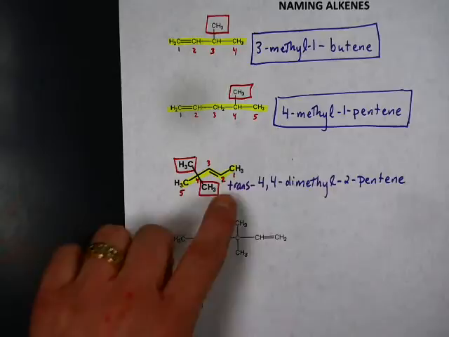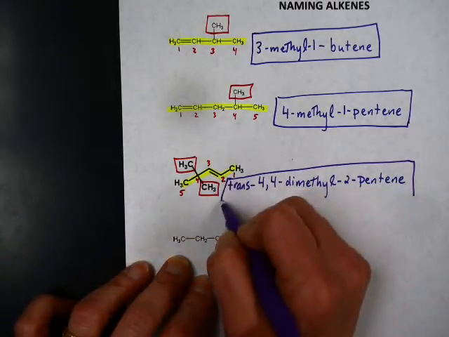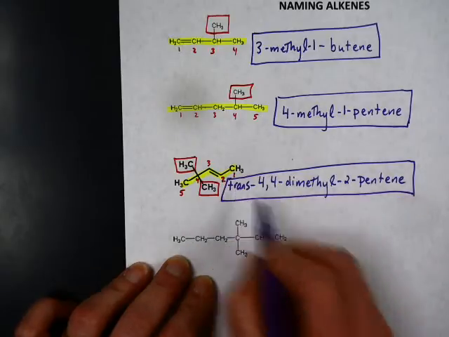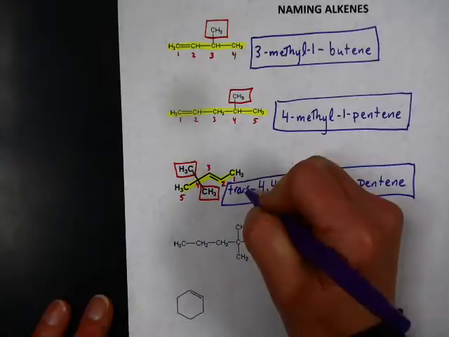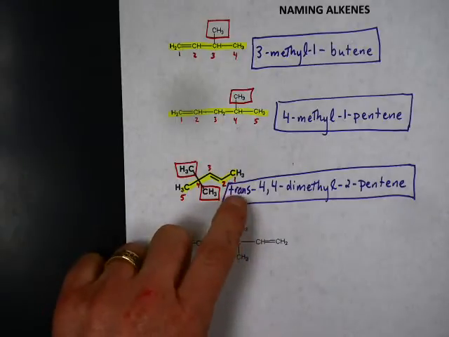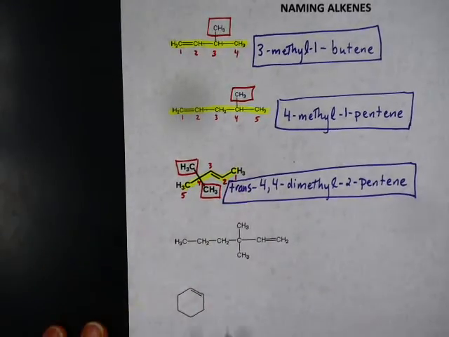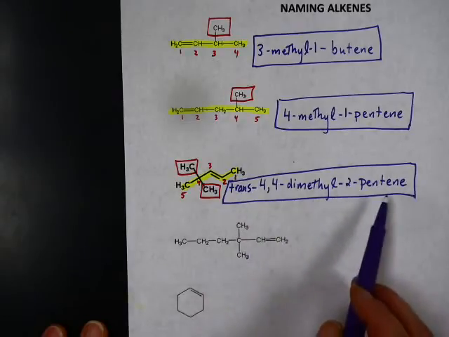So the name of the molecule would be that. Trans, or cis, if it's cis, goes at the very beginning of the name. So you don't have to figure it out until the very end. Once you're ready to draw a box around your answer, double check if it is cis or trans, and if you can tell, put that right at the beginning of the name. This would look like this. Trans 4,4-dimethyl 2-pentene.